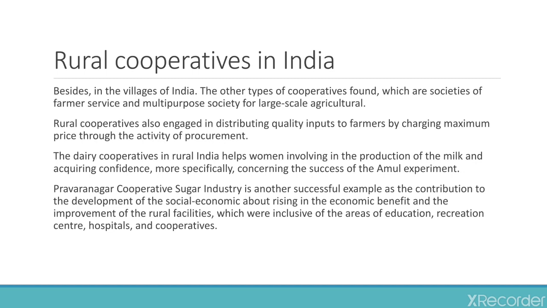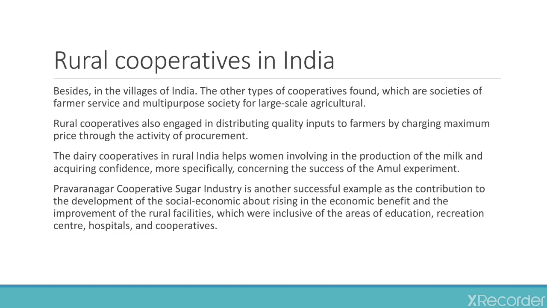Rural cooperatives are also engaged in distributing quality inputs to farmers, charging a maximum price for the procurement activity. The dairy cooperatives in rural India help women become involved in the production of milk and acquire confidence, more specifically concerning the success of Amul.